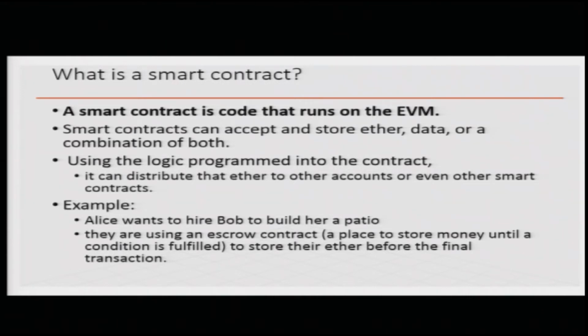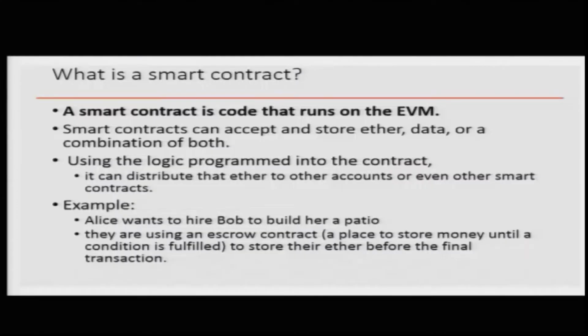Bob puts in some money as a kind of deposit, and Alice puts some money which will eventually be paid if the work is done to her satisfaction. The smart contract is programmed to accept a command from Alice that says I am satisfied and now you can pay. So pictorially, this is what it looks like.